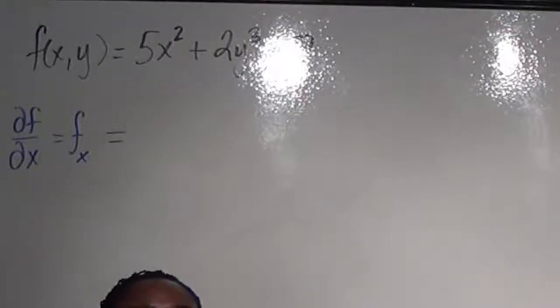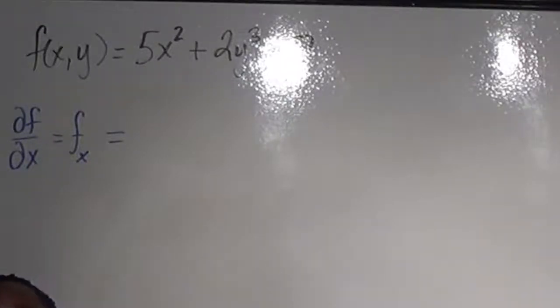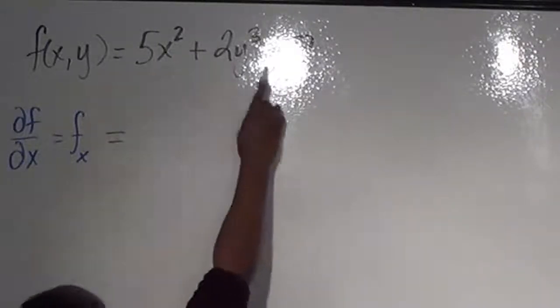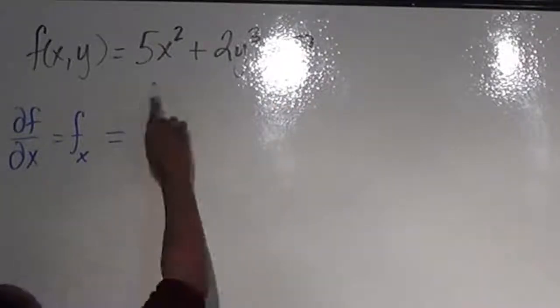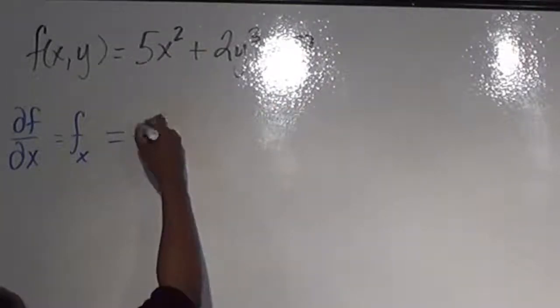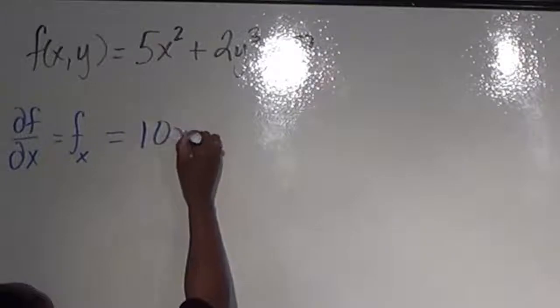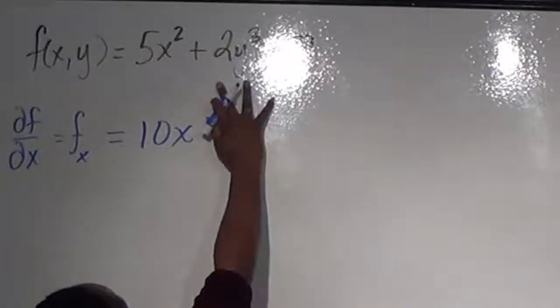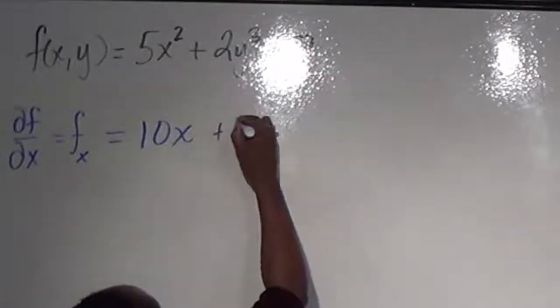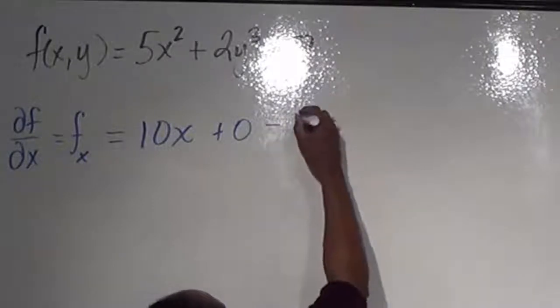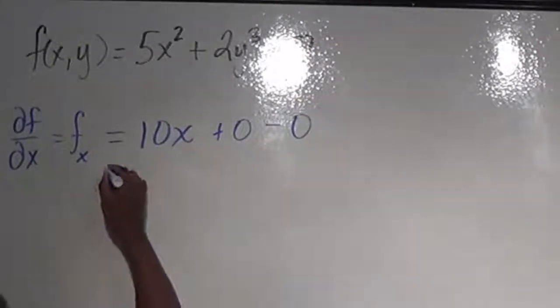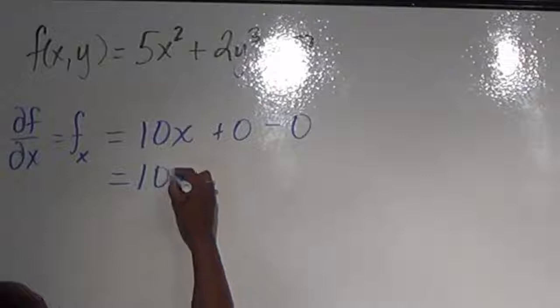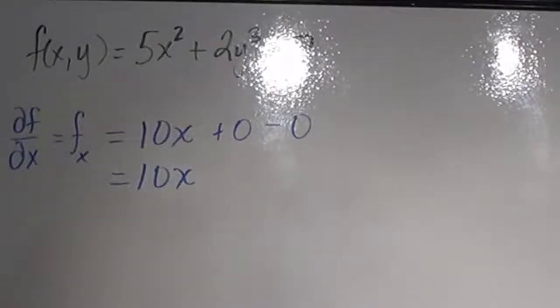So if there are no x's, but there are y's, then my derivative is just going to be 0. So my partial with respect to x means I'm going to take the derivative like I normally would with x. So a 10x. There are no x's in the second term, so that's 0, and of course, a constant is also 0. So my partial with respect to x is just going to be 10x.